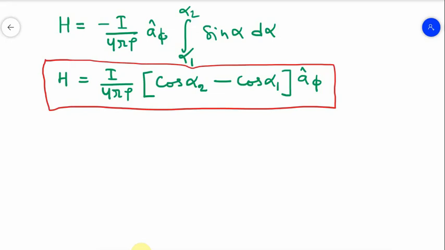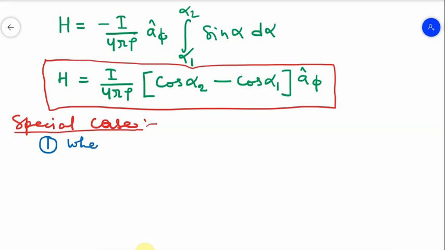Okay, now we'll discuss some special cases. First special case is when the conductor is semi-infinite.